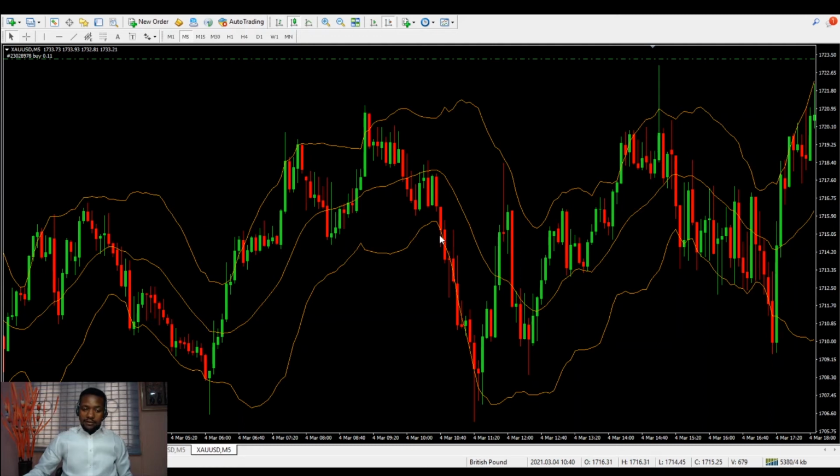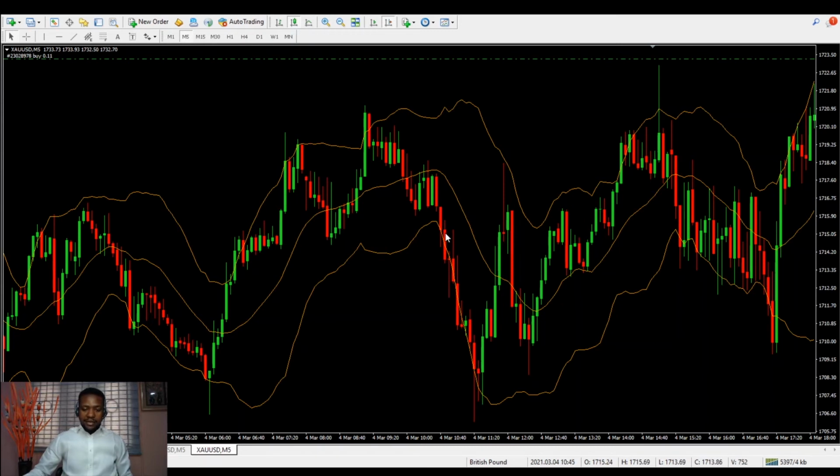So many people will be waiting for it to close back inside so they can trade the bounce. But if you want to ride the band, once you see price coming out of the lower band or the upper band, and you understand price action and other indicators are telling you that this is a new trend, then you can actually follow it down.